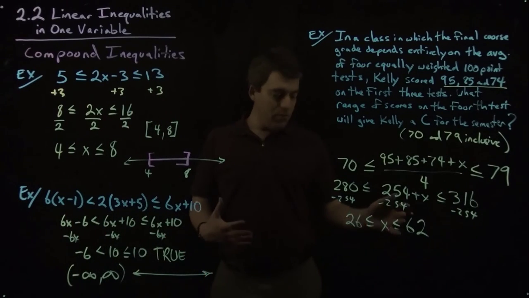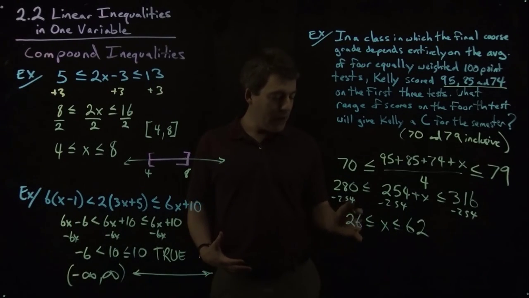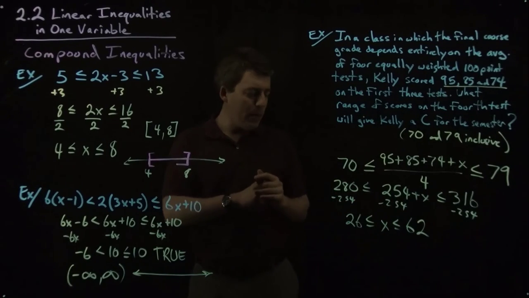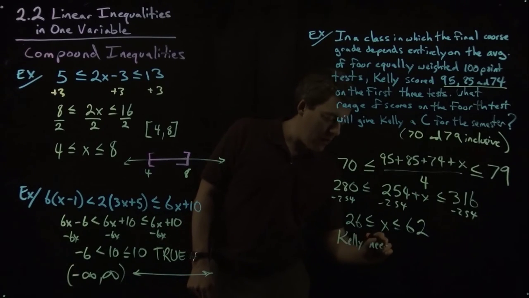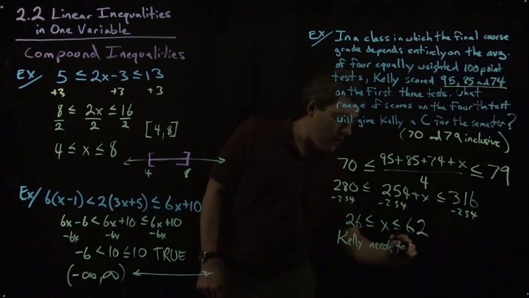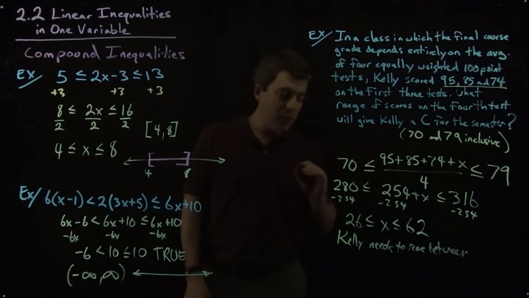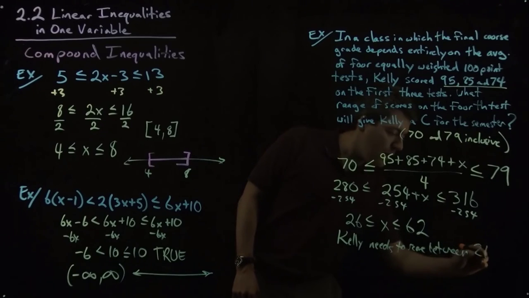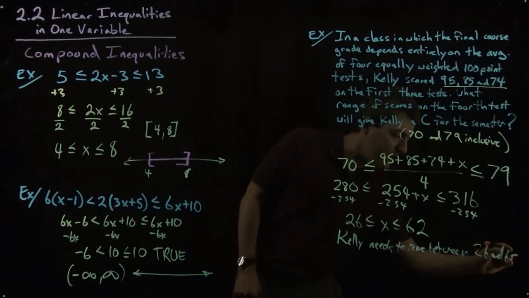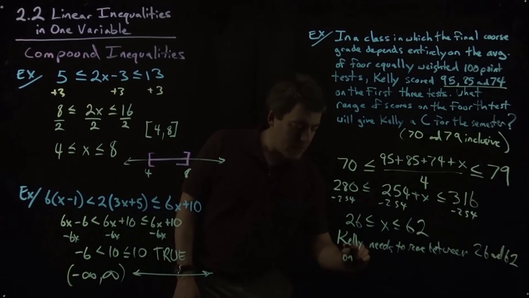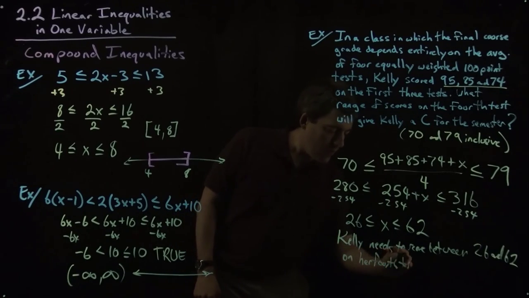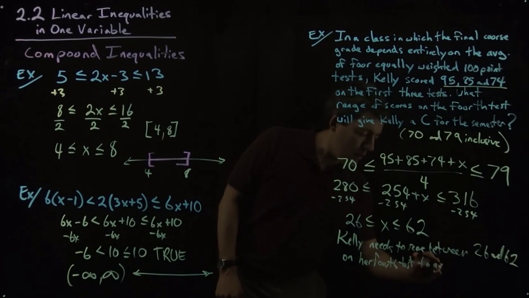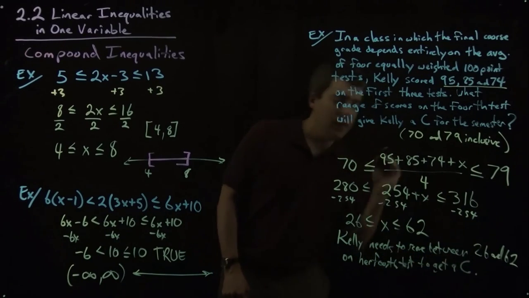So x is between 26 and 62. What does that mean with respect to the problem? Well, that means Kelly needs to score between 26 and 62 on her fourth test to get a C for the course.